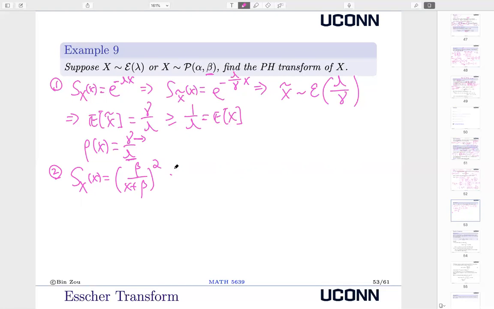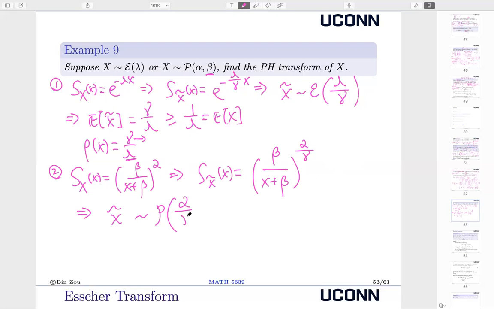From here, I get the new survival function, with alpha divided by gamma. As you can see, my new random variable stays as a Pareto distribution. But the first parameter is no longer alpha, it's alpha divided by gamma. The second one is beta, right?